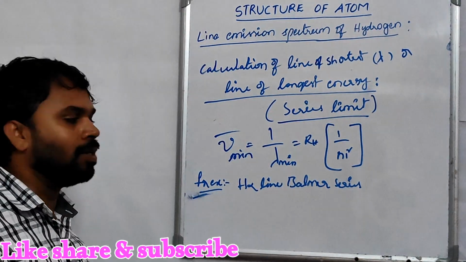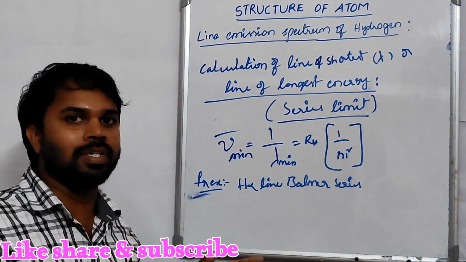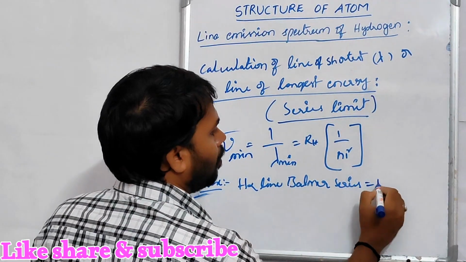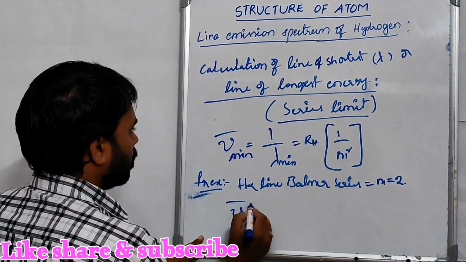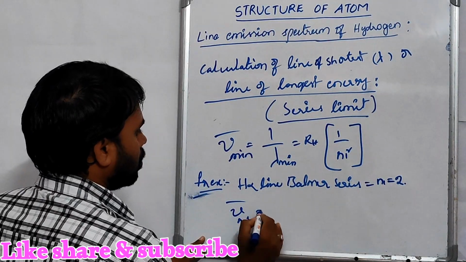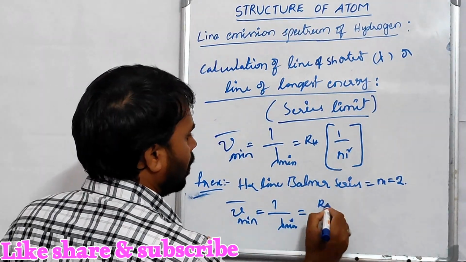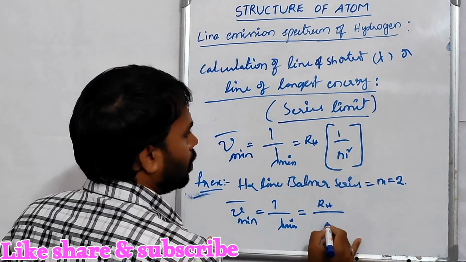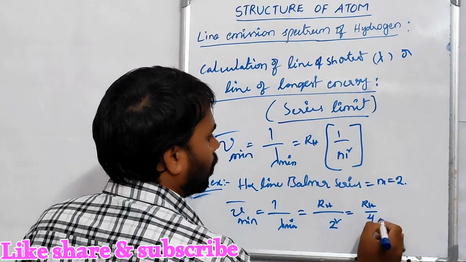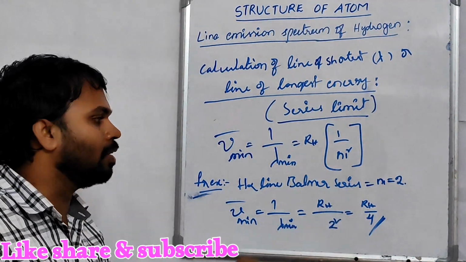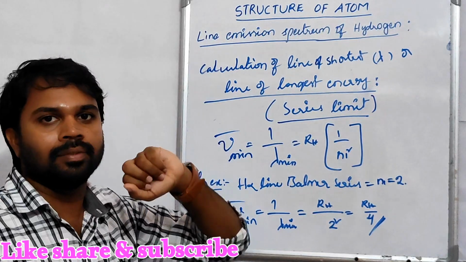Electron makes a transition for the H alpha line of the Balmer series. It is nothing but the first line of the Balmer series, in which N1 equals 2. 1 by lambda minimum equals Rydberg's constant by 2 square, that equals RH by 4. By putting Rydberg's constant value, we can calculate the line of shortest wavelength.